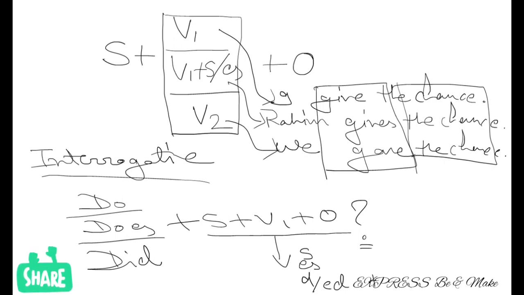Here verb with ING ending never will come. Always keep in your mind, if you are starting a question with do or does or did, these types of endings with the verb will never be there. Hopefully up to this is very clear to you.